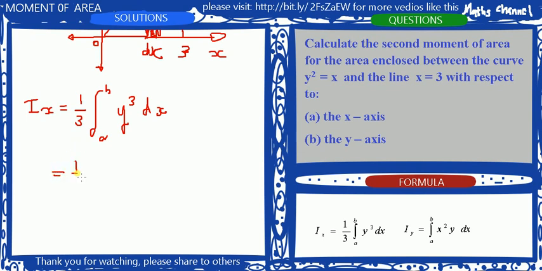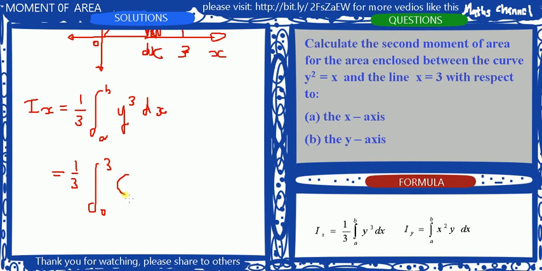Our limits are 0 to 3 because the strip goes with the x-axis. Our limits must be in x because our strip is in dx. If it was dy, we would take the limits of y.